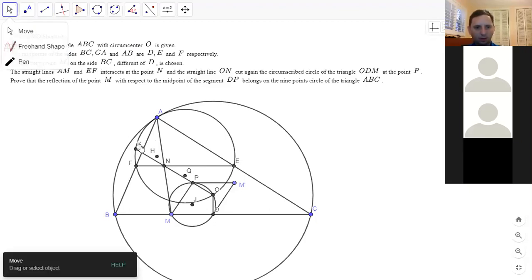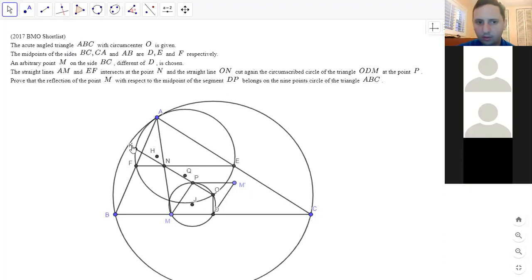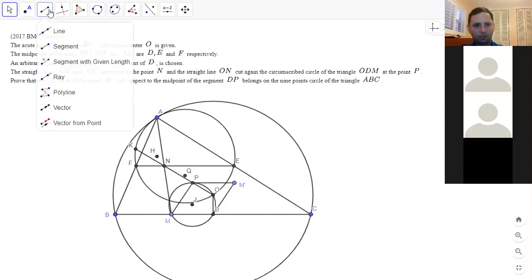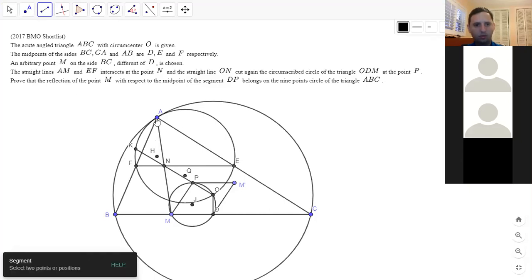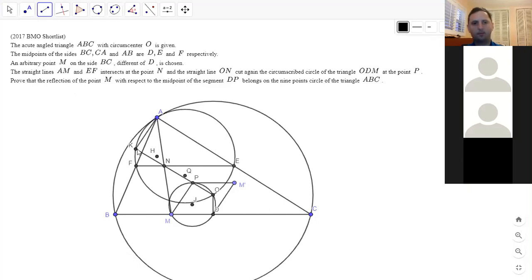Okay, I think we can finish now. We know AK is perpendicular to OP. So by Thales, N is the midpoint of PK, which means AK equals DM prime.